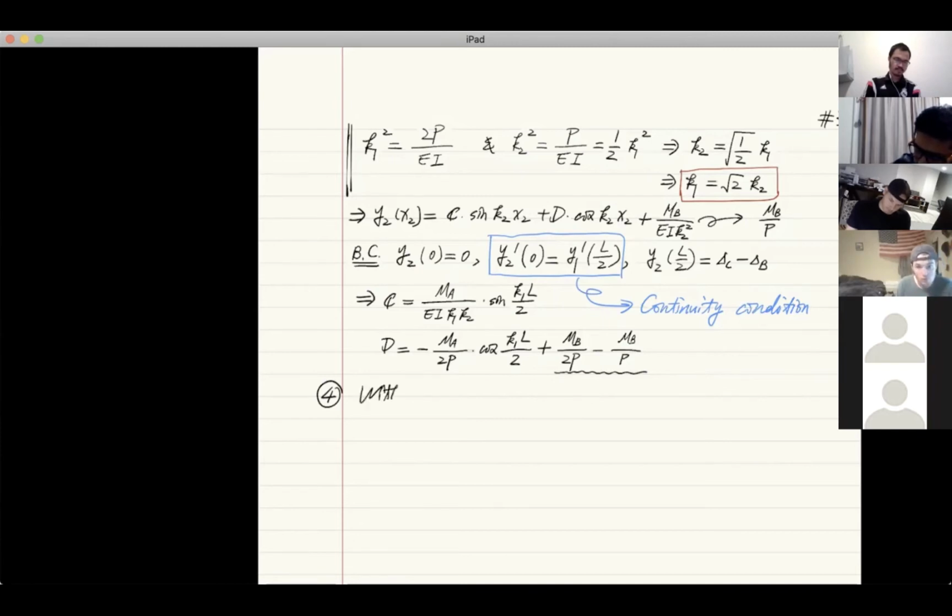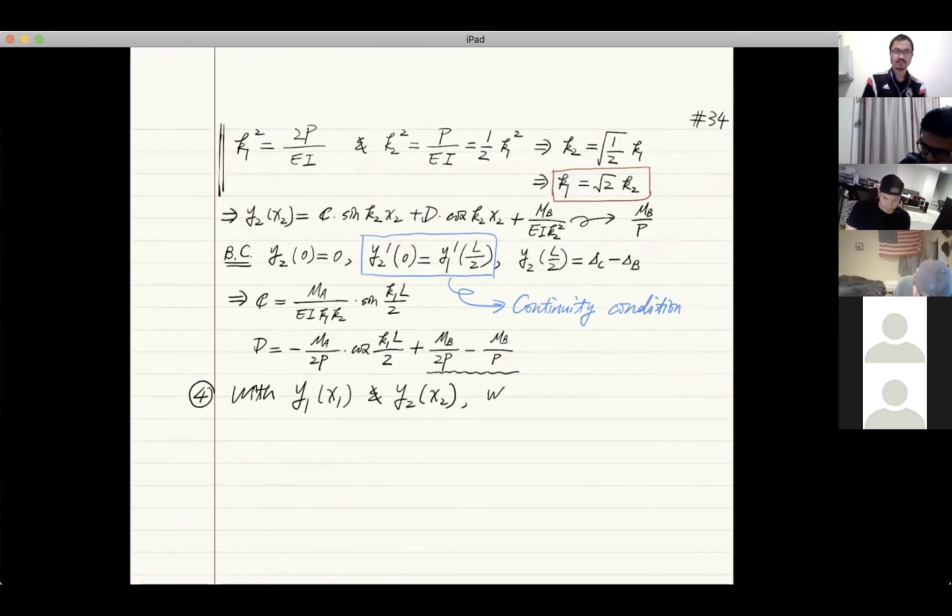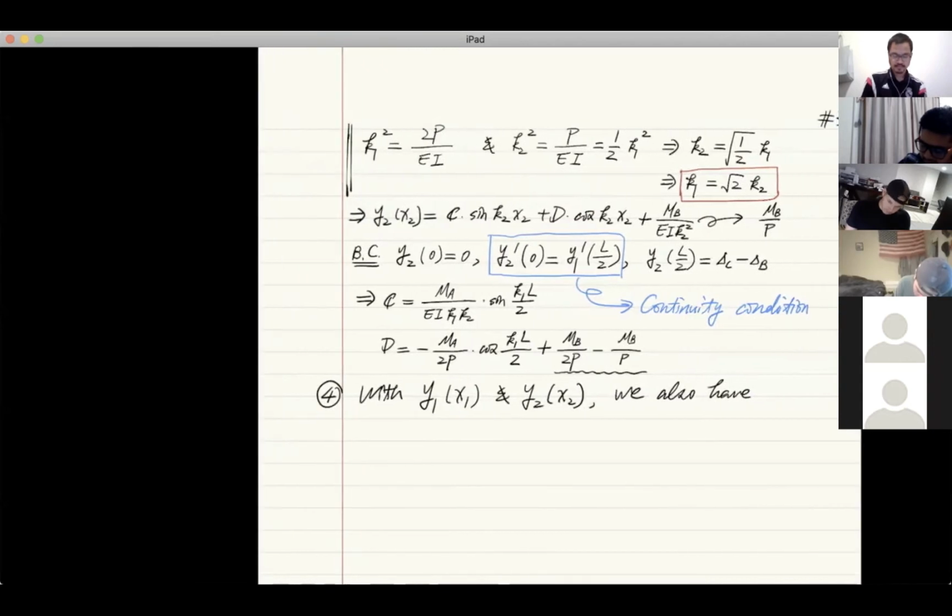You can say that with y1x1, expression of y1x1 and y2x2, we also have the following.